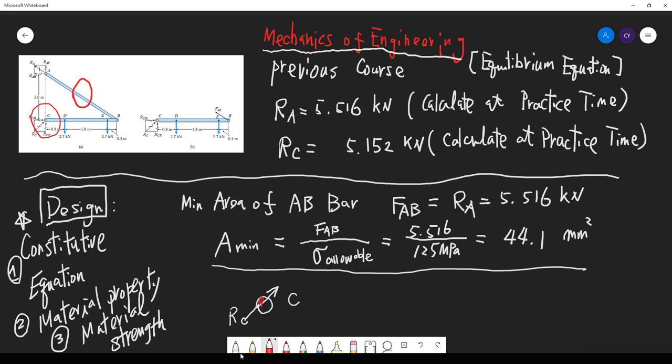So the reaction C should equal the shear force on the bolt.